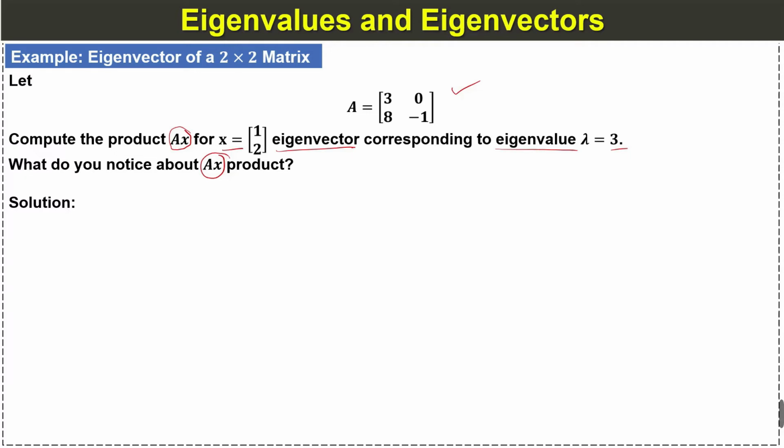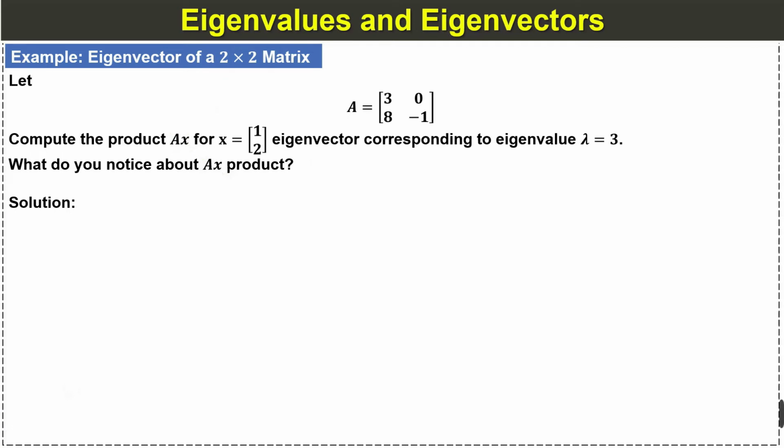In this lecture we discuss the graphical representation, the operation, and what happens when we multiply the vector x with the square matrix, giving some scalar times the vector x. In the next lectures we will also solve examples of how to find the eigenvalues and the eigenvectors. So let's solve this example.